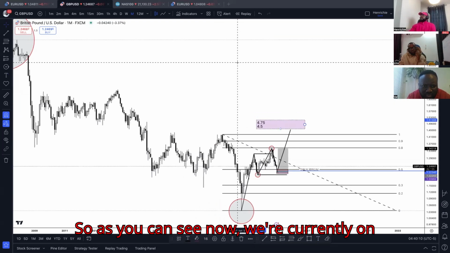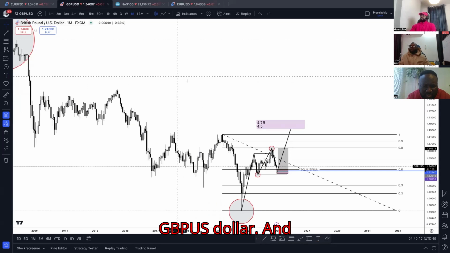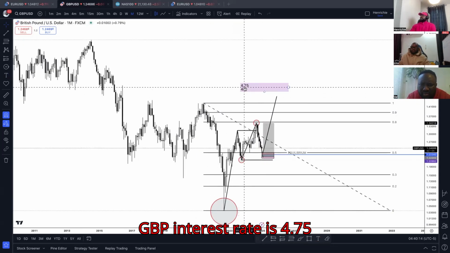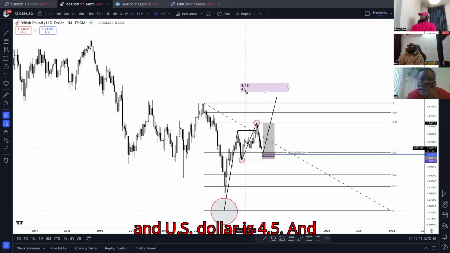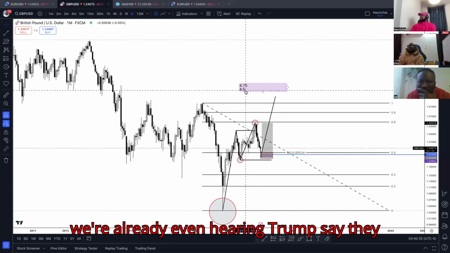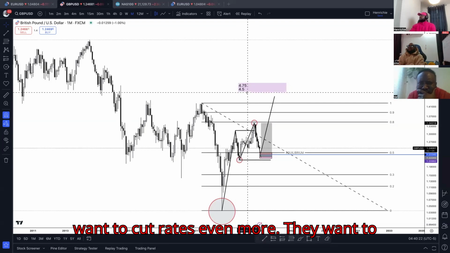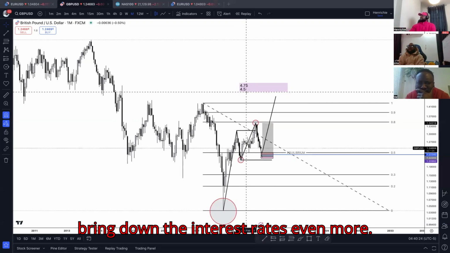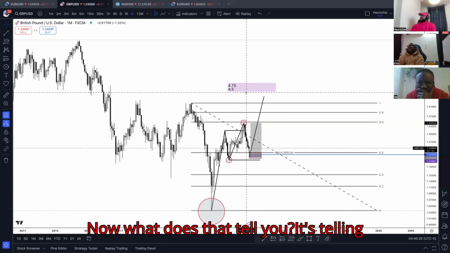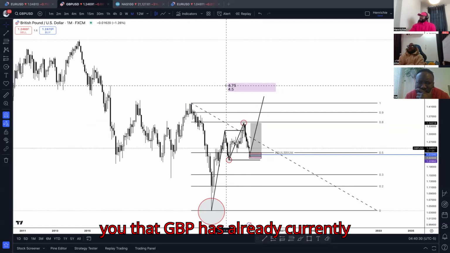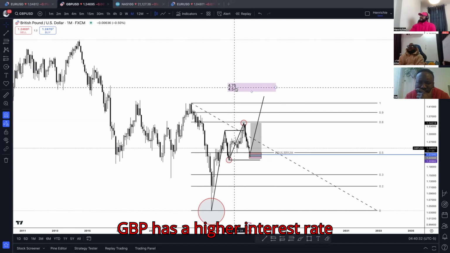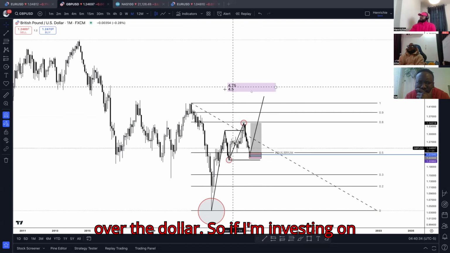So as you can see, we're currently on GBP US dollar, and GBP interest rate is 4.75 and US dollar is 4.5. And we're already even hearing Trump say they want to cut rates even more. They want to bring down the interest rates even more. Now, what does that tell you? It's telling you that GBP currently has a higher interest rate over the dollar.